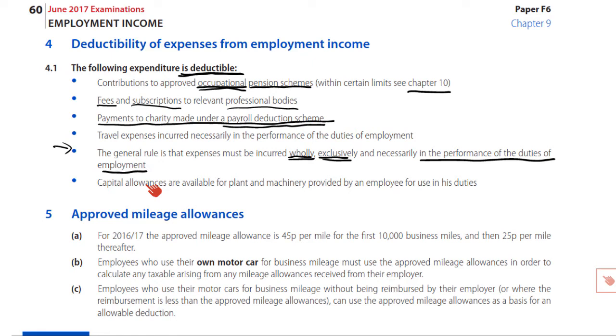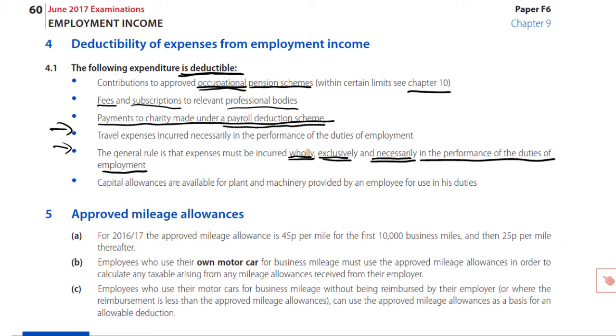But there's a third one as well. That is that it is incurred wholly, exclusively, and necessarily in the performance of the duties of employment. And that makes it quite difficult, other than in these specific circumstances that we're now listing, to get much in the way of expense deduction against your employment income assessment. Miss out there the travel expenses.